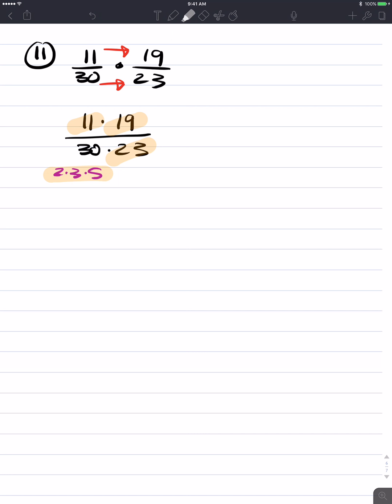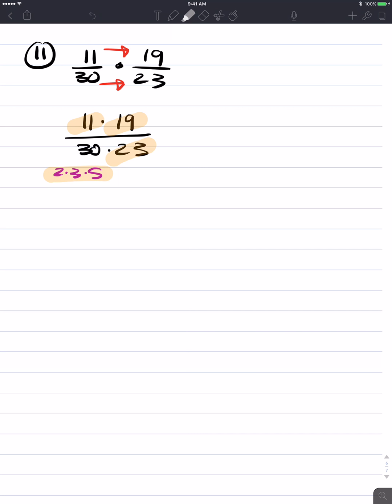The 11 on top does not cancel with any of the primes on the bottom. The 19 on top in the numerator does not divide with any of the numbers on the bottom as well. This means we're done. All we had to do is multiply 11 with 19 to get an answer that's in the numerator position, and 30 times 23 to get the denominator.